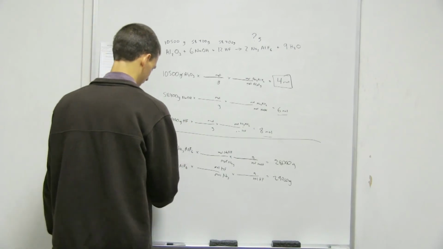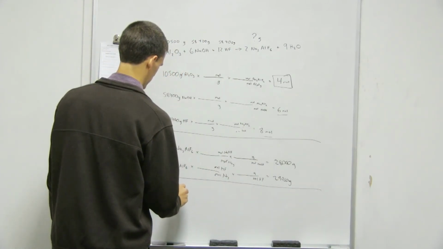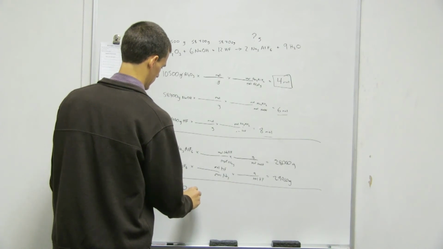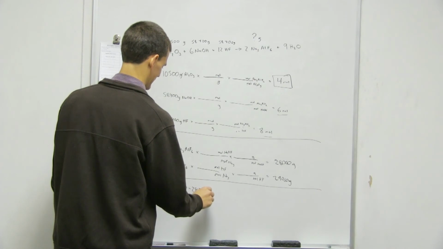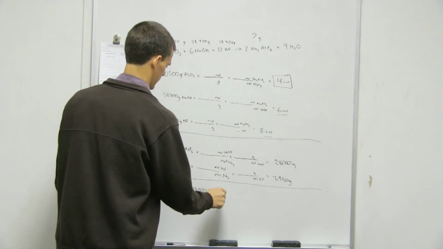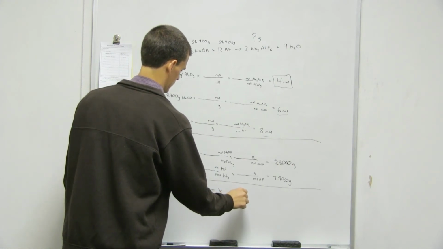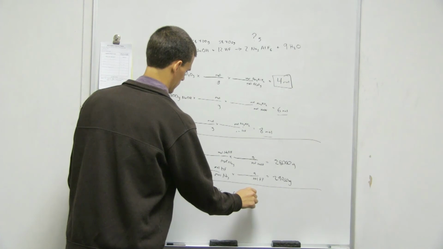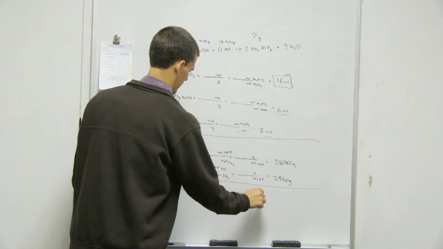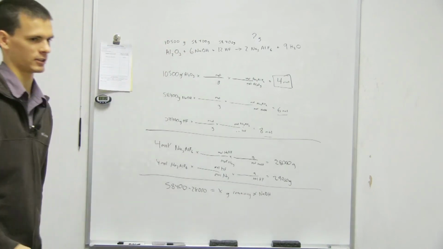So then the last step is to take your 58,400 minus 2,800,000 equals X grams remaining of NaOH, and same thing for HF.